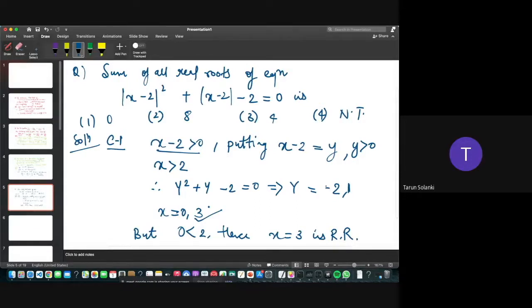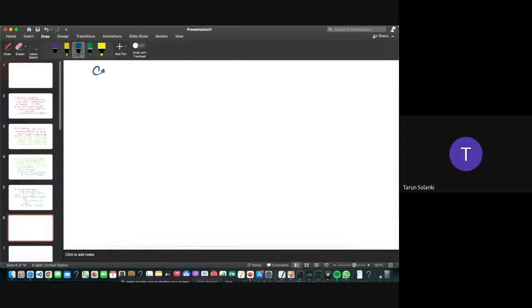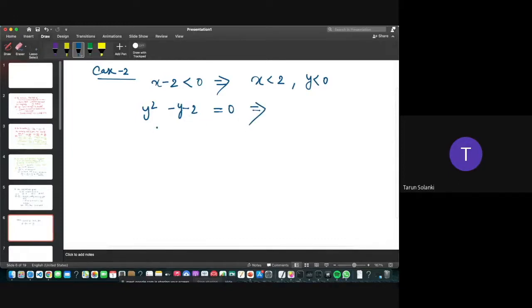Now, case 2 we will solve, which is x minus 2 is less than 0. So we will write here x is less than 2 and y is less than 0. So the equation will be y square minus y minus 2 is equals to 0. So roots will be y is equals to 2, and y is equals to minus 1 also.